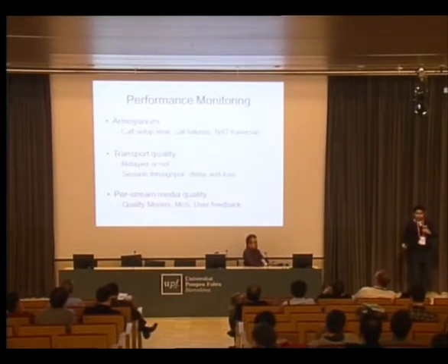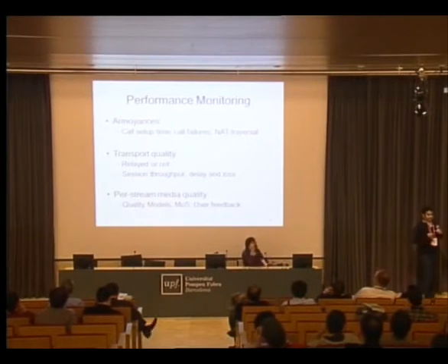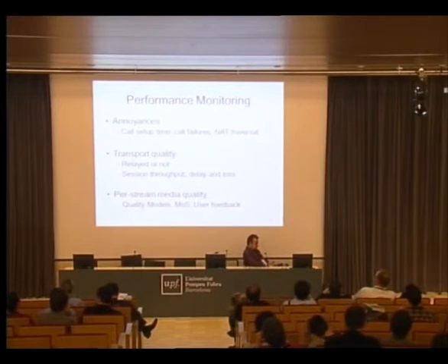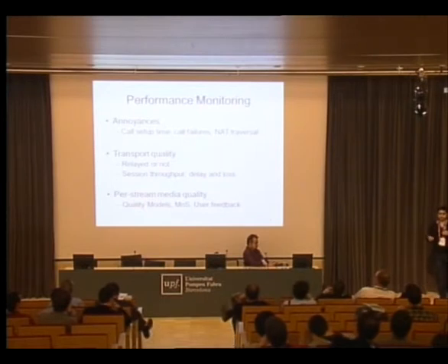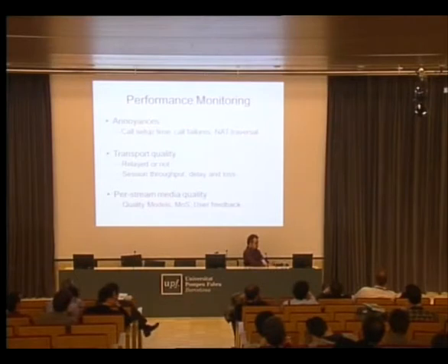So when we do performance monitoring, there are several levels of things that you need to look at. There are things from a business perspective, some from a quality perspective, and then there is the geek stuff like media quality. The first thing is annoyances, because that's the thing that annoys your users, right? Things like they have to repeatedly redial. They call something, it breaks, then they call again, and they keep hoping for magic to happen.